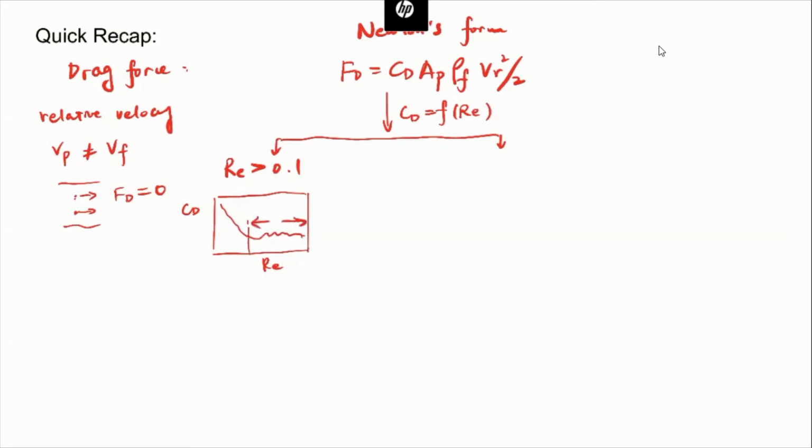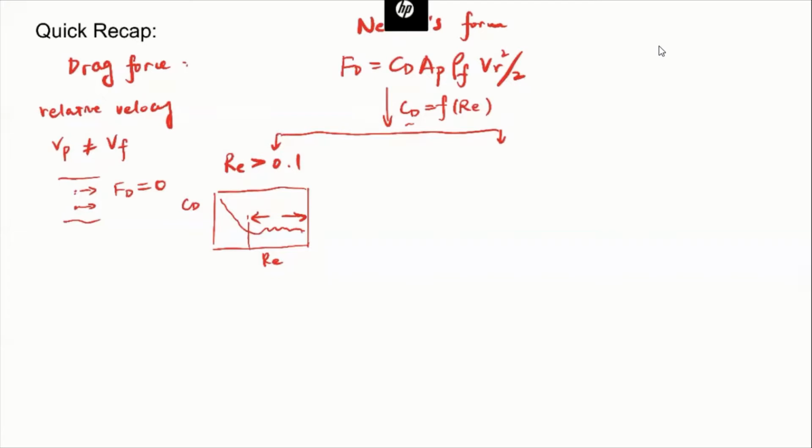Then you have to plug in the actual number of C_D or use some more complicated equation to calculate the drag force. But when it's in the laminar regime, or Reynolds number below 0.1, call this laminar regime or Stokes regime, there's a more simplified equation.